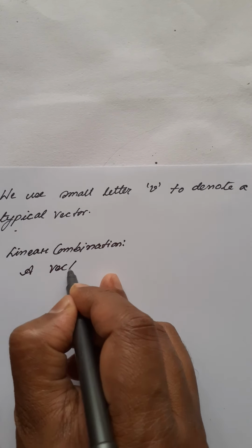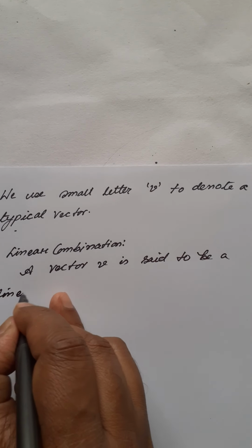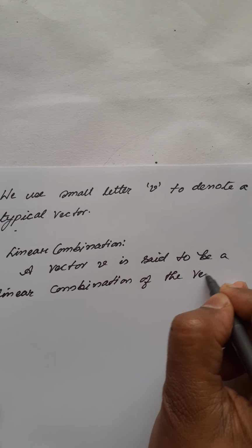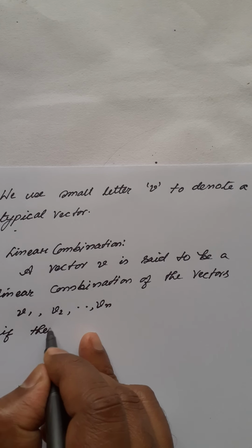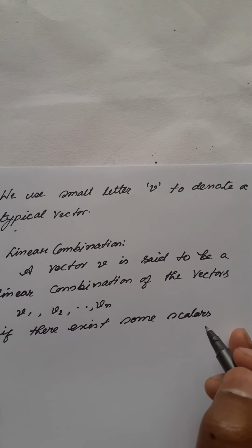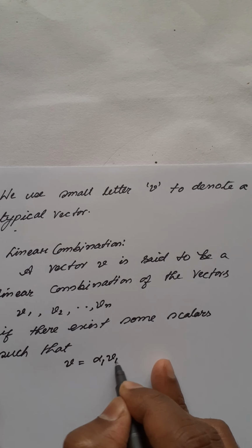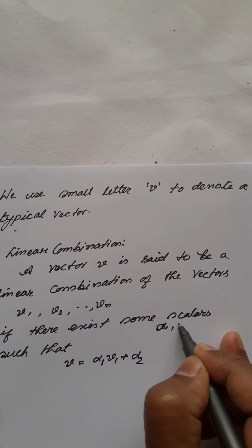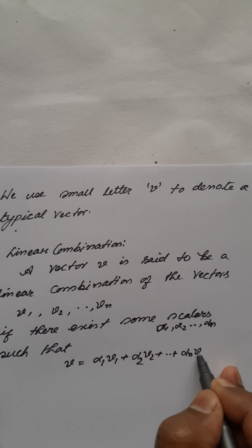A vector v is said to be a linear combination of the vectors v1, v2, vn if there exist some scalars, here by scalar we mean real numbers, say alpha 1, alpha 2 and so on, alpha n, such that v is equal to alpha 1 v1 plus alpha 2 v2 plus and so on, alpha n vn.